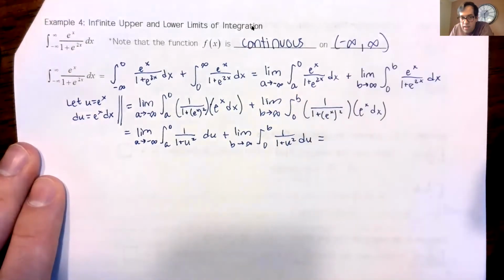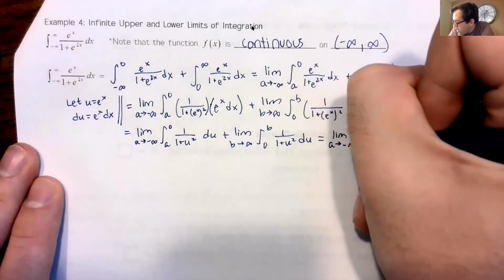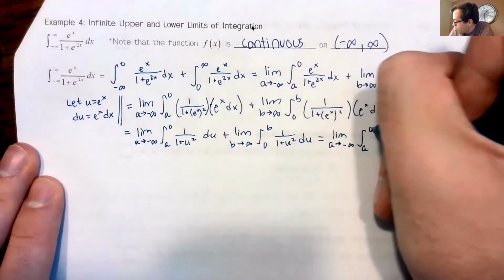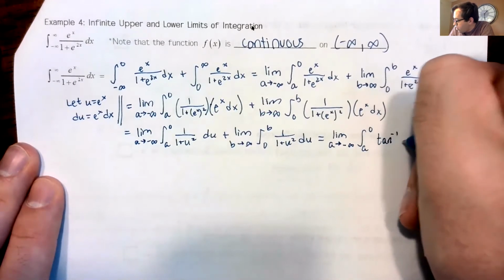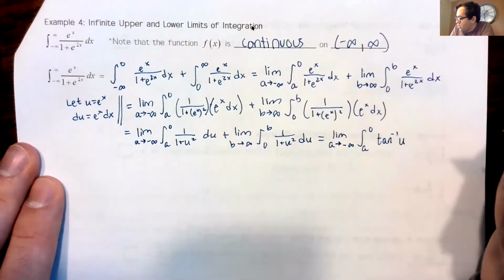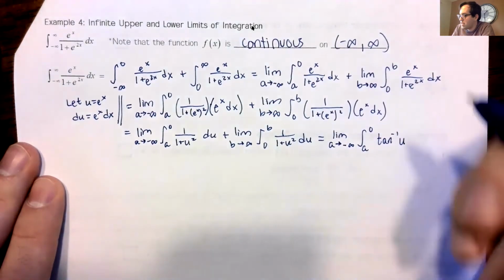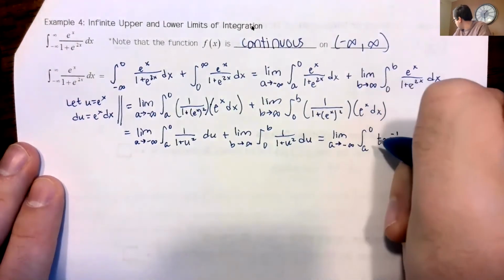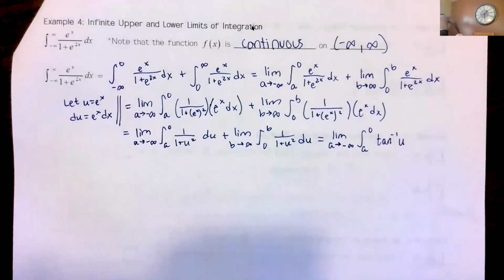I'm going to write the limit as a approaches negative infinity from a to 0 of tangent inverse of u. Oh, geez, I made a very silly mistake. I still wrote the integral. Hold on, I've got to grab my whiteout real quick.